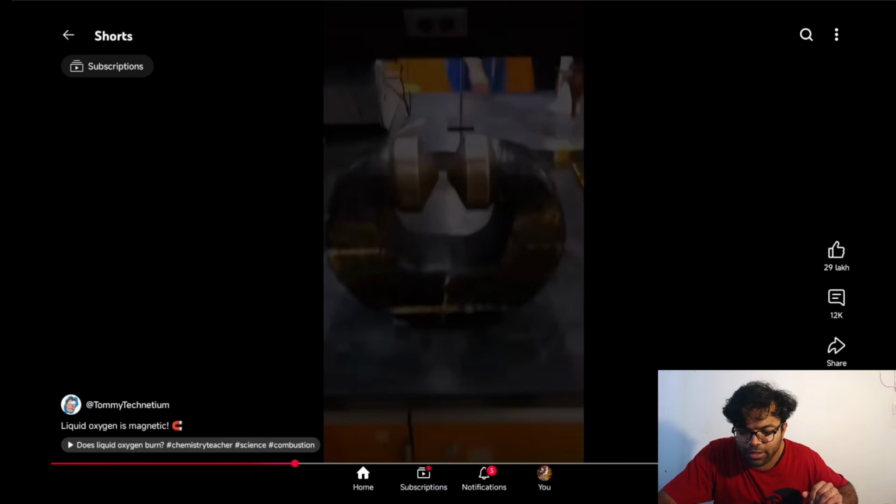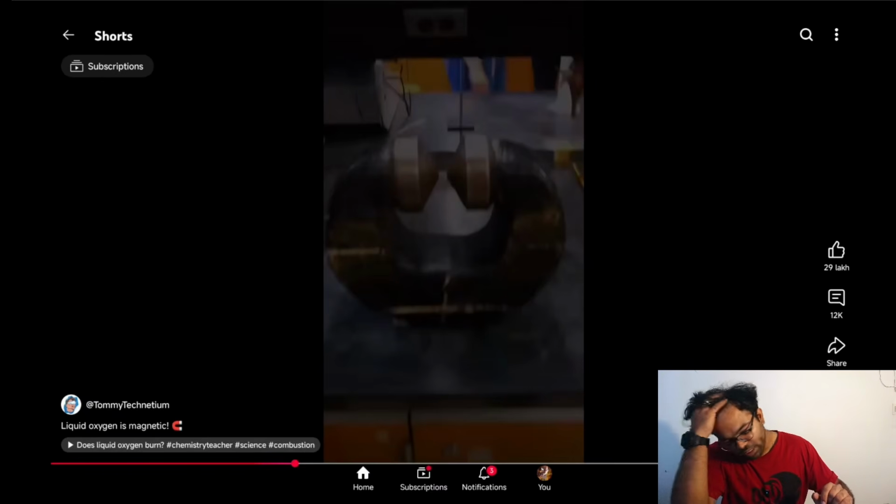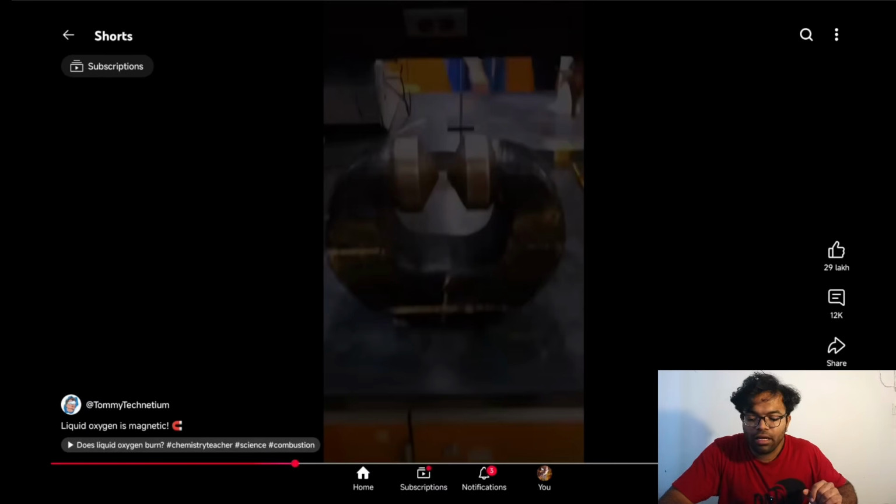So liquid nitrogen is basically nitrogen cooled below its boiling point so it becomes a liquid. Nitrogen is not paramagnetic in nature. Nitrogen is diamagnetic. So due to this, the nitrogen will not get stuck to the poles of the magnet.